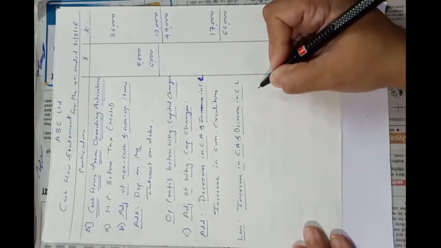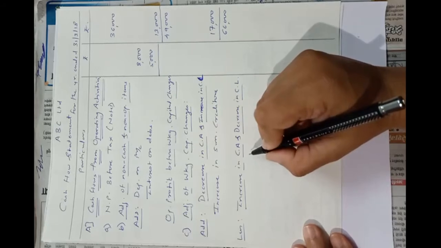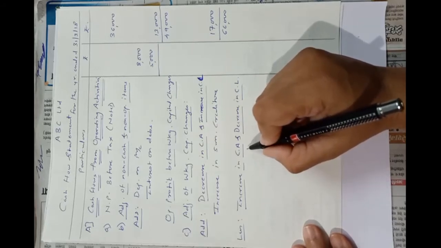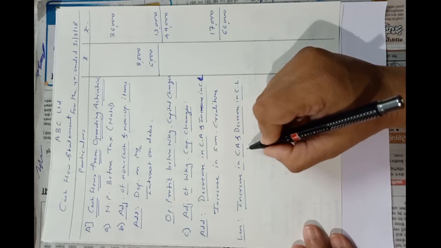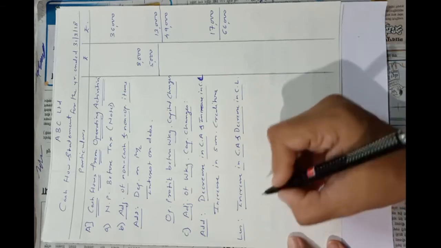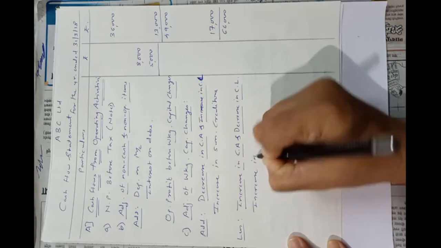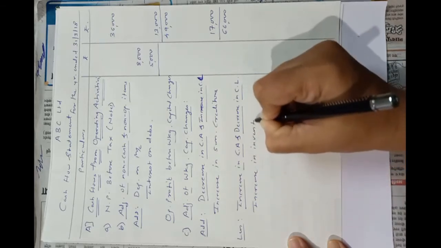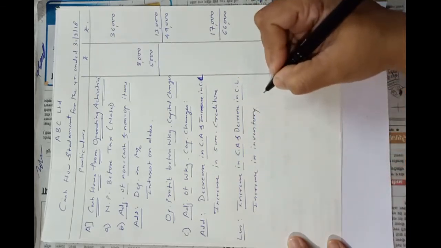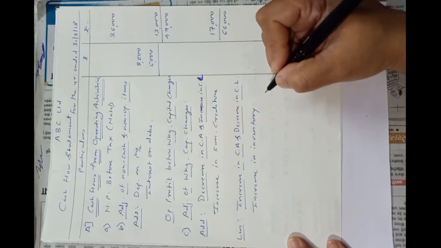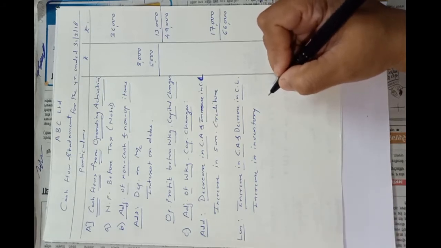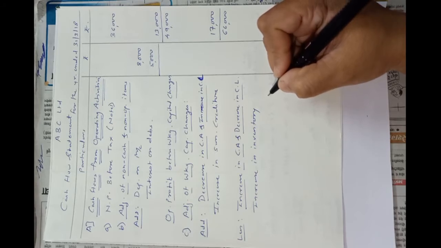Okay, now let's see increase in current asset. We saw that there is increase in inventory from 12,000 to 49,000. So increase in inventory, difference between the amounts, that is 12,000 and 49,000, is 37,000.